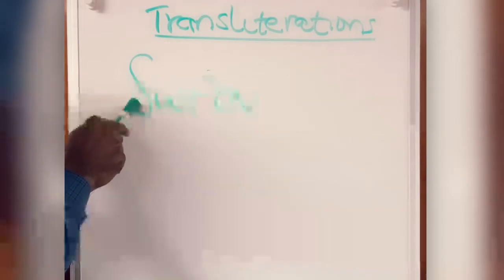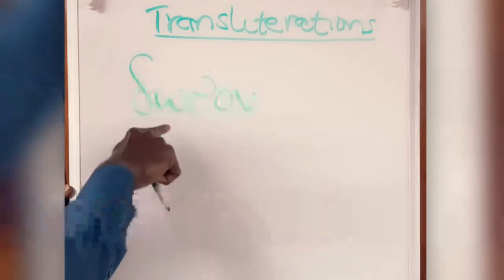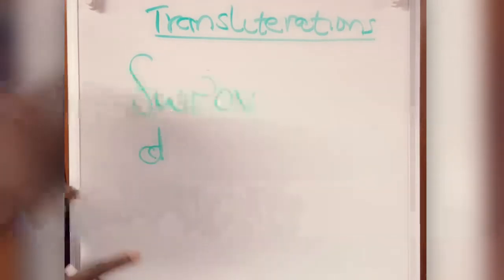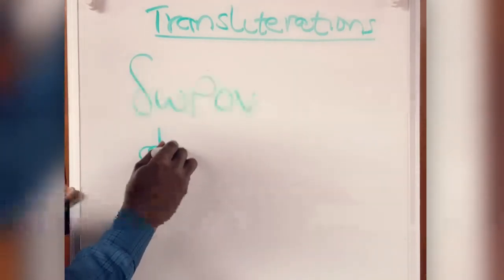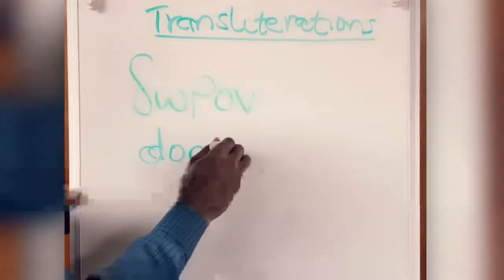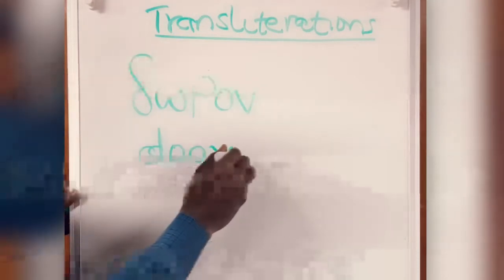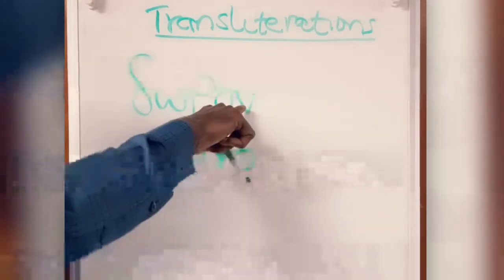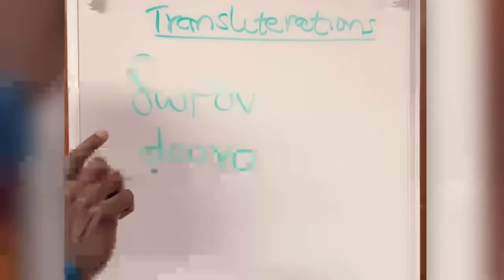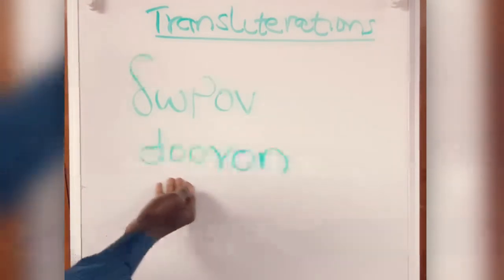Delta, the equivalent in English is D. Omega, the equivalent in English is double O. Rho, the equivalent in English is R. Omicron, the equivalent in English is O. And nu, the equivalent in English is N. So with the help of this, I guess you'll be able to pronounce this word.